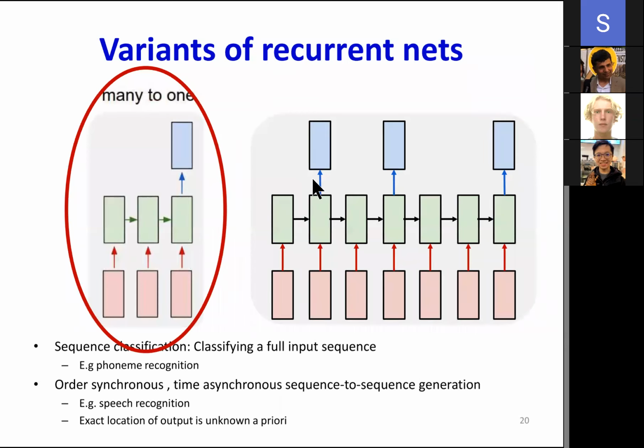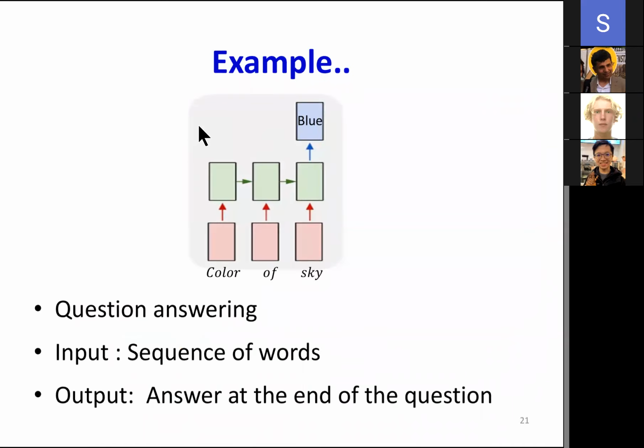So we've seen the first two kinds of models. Now let's look at this third kind of model, where you see an entire input and then produce an output. For example, this could be speech recognition: a speech recording comes in, and at the end of the recording, you decide whether it has the word welcome or not.